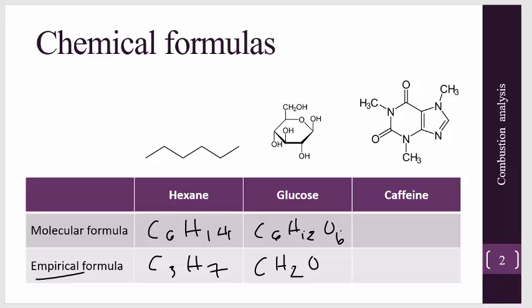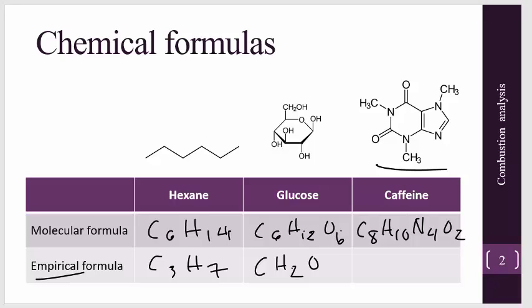And now caffeine here, which is a very wonderful molecule, I'm told. I don't use it personally, but C8H10N4O2. That is its actual molecular formula, the number of atoms in one molecule. And this, we can further simplify it.